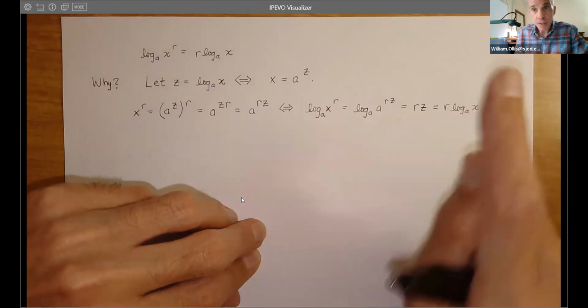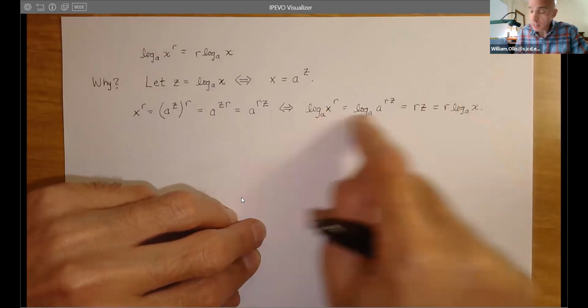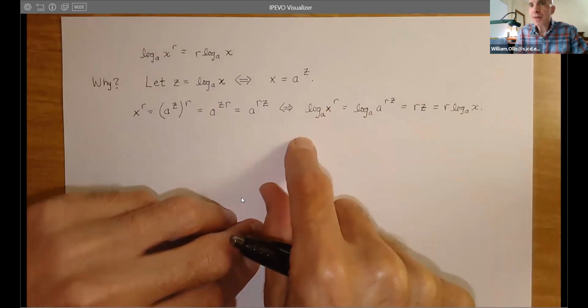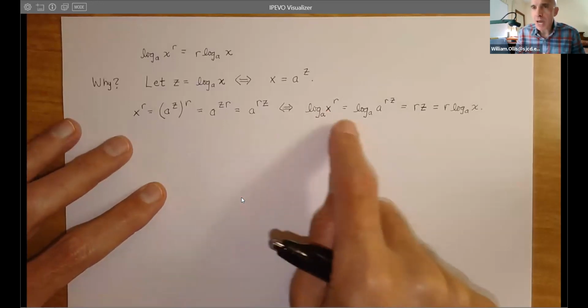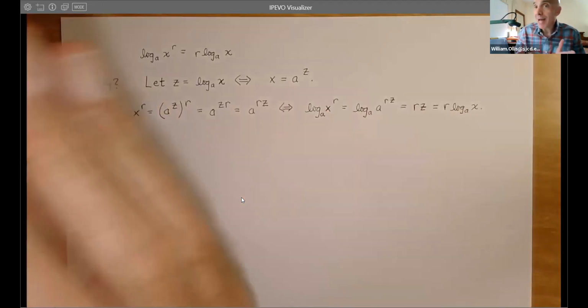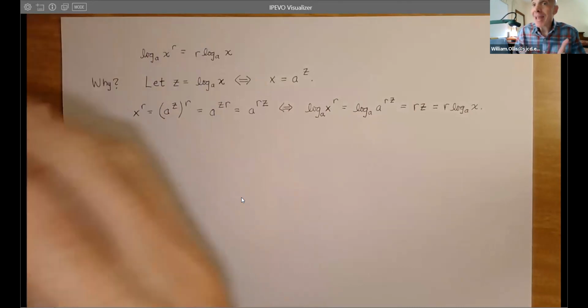And of course, the beauty of this is that we can go in the opposite direction. We can go here to here, and then we can reverse it here to here. That's one thing that students often have issue with. You have to be flexible in both directions. That is, we think about combining logarithms and we think about expanding.